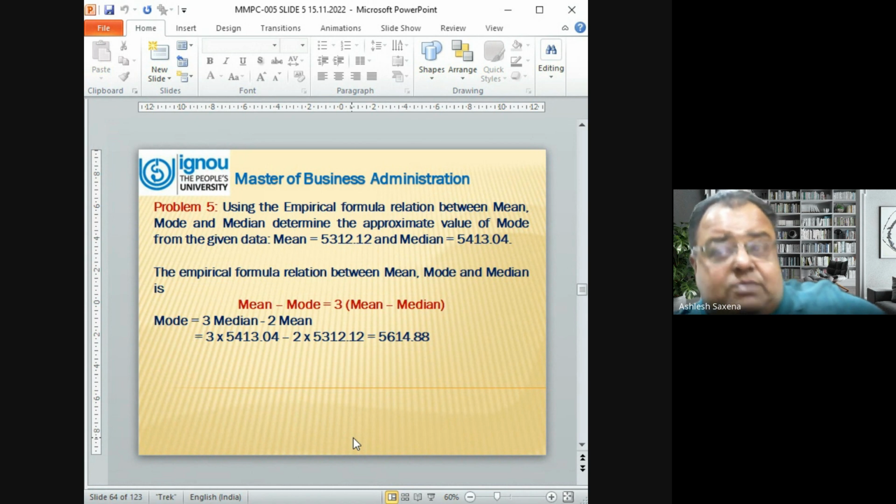Empirical relation is mode is equal to 3 median minus 2 mean. When you calculate all, you will get 5614.88. Your relation between mode, median, and mean is mode is equal to 3 median minus 2 mean.